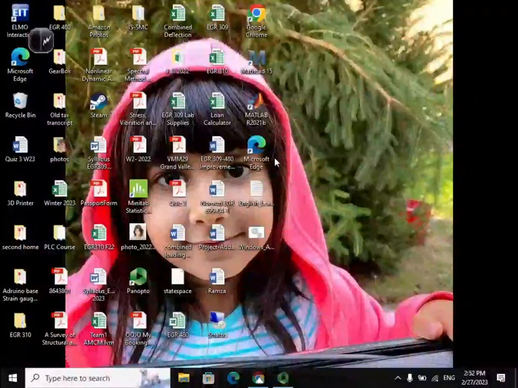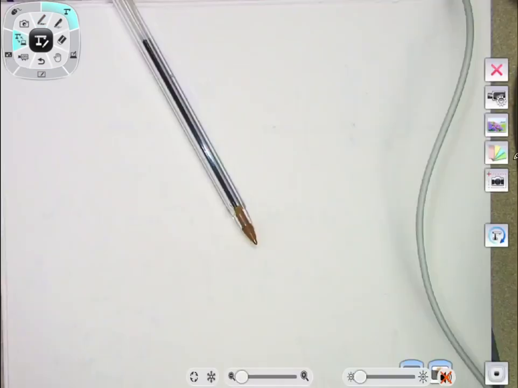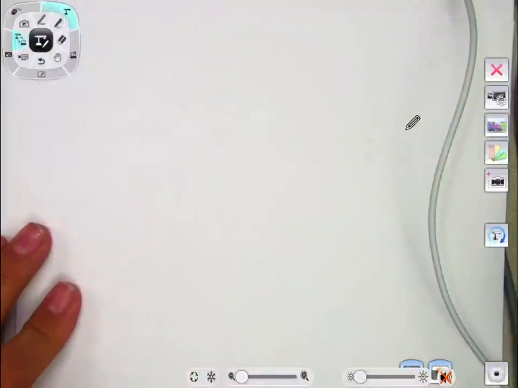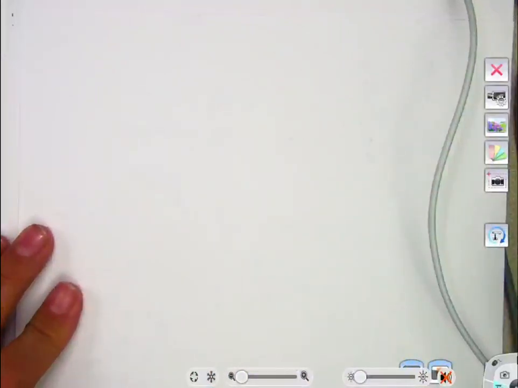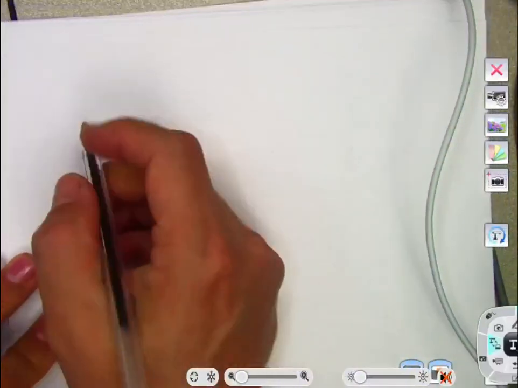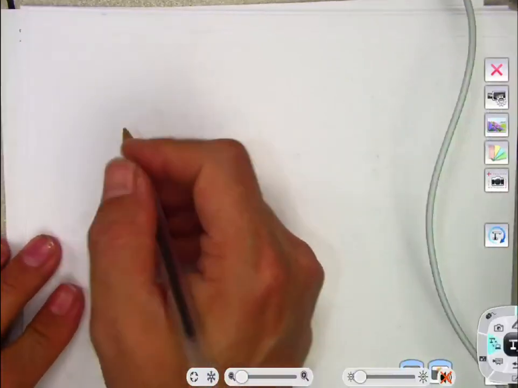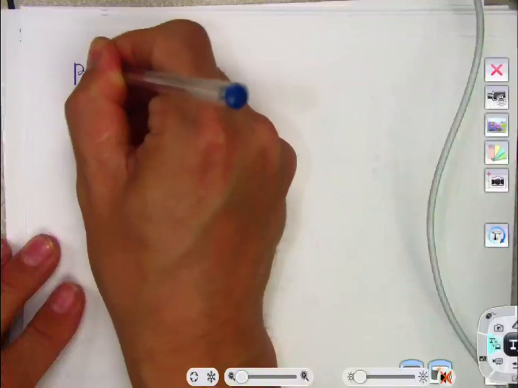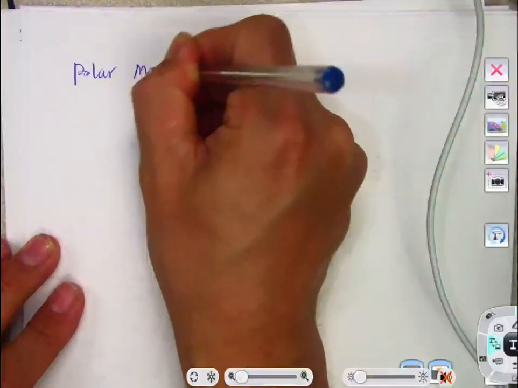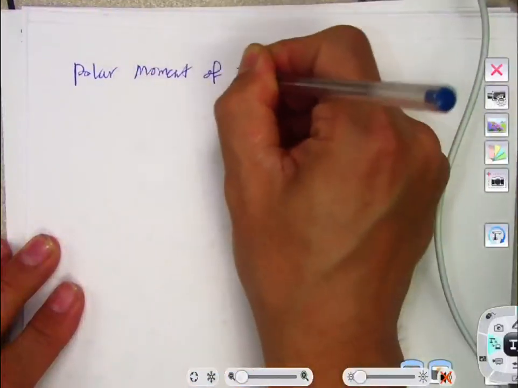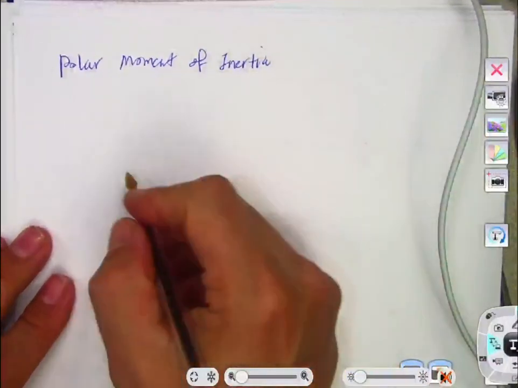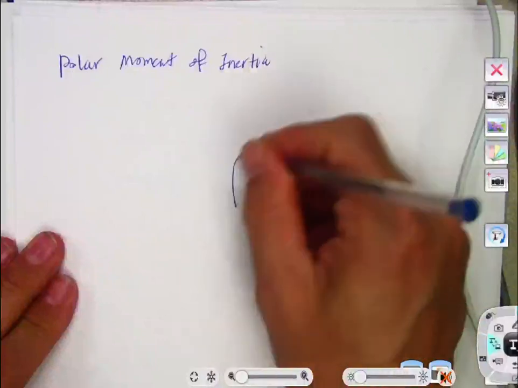Next thing I'm going to talk about is polar moment of inertia. So far what we did was moment of inertia about one axis. But polar moment of inertia is defined like this. Again, this is a mathematical thing.